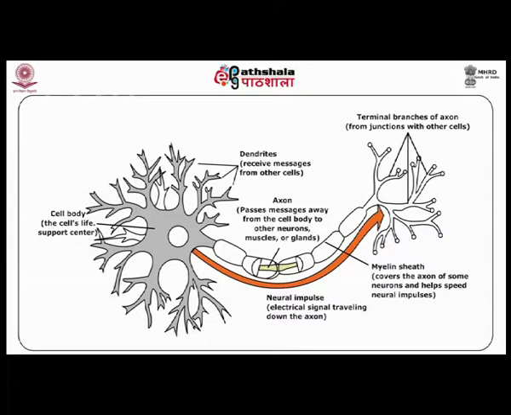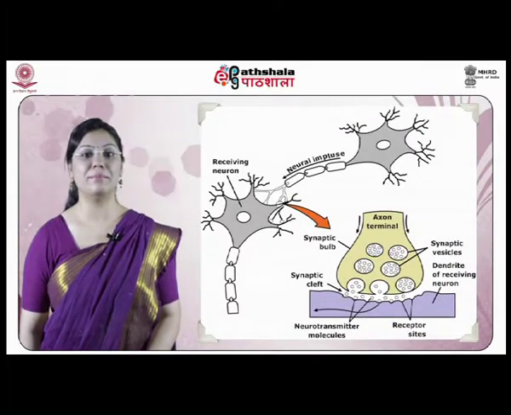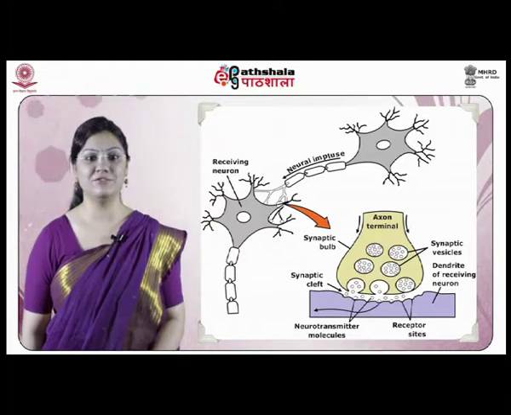The terminal arborizations into which the axon eventually divides are specialized structures that release neurotransmitter chemicals into the synaptic cleft that separates the neuron from the neighboring target neurons. Figure 2 shows electrical impulse transmission across a synaptic cleft.